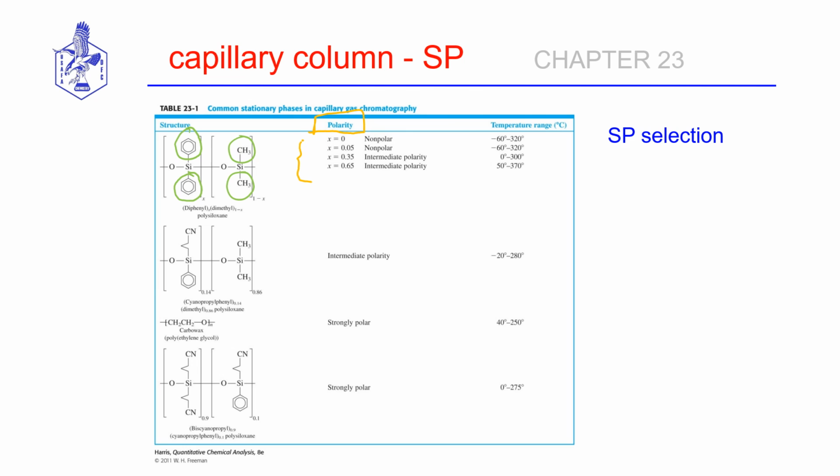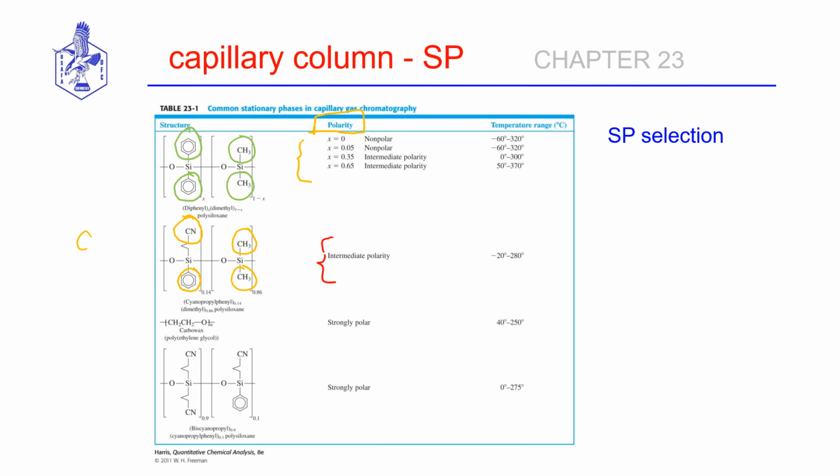The next option is to have an intermediate polarity. So these are our cyanopropyl, phenyl, dimethyl polysiloxane stationary phases. We've got, like the previous one, the two methyl groups, nonpolar. We've got one phenyl group, and now we're going to substitute something that's got more polarity, a cyano group.